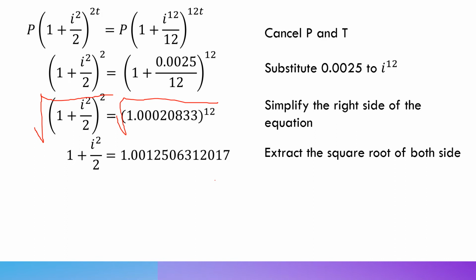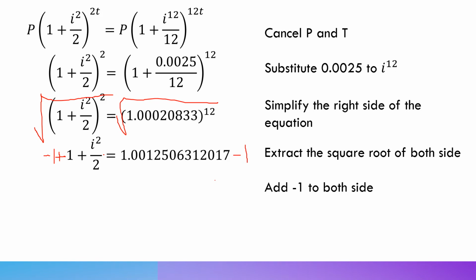So that is 1 plus I squared all over 2 is equal to 1.001250631217. Next, add negative 1 to both sides so that the 1 is removed. We add negative 1 here and negative 1 here, so both have negative 1.